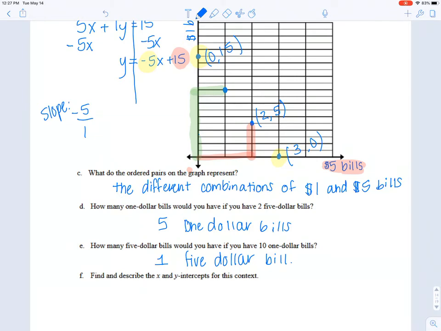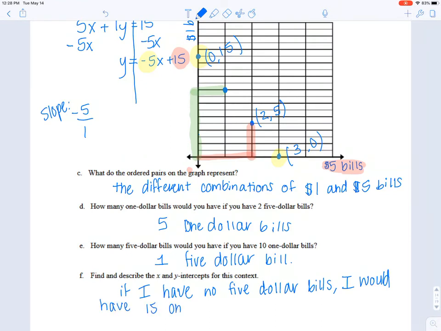Okay. Now, what this means is that if I have no $5 bills, I would have 15 ones, so that describes the y-intercept.